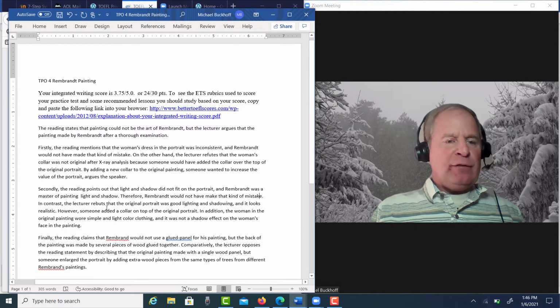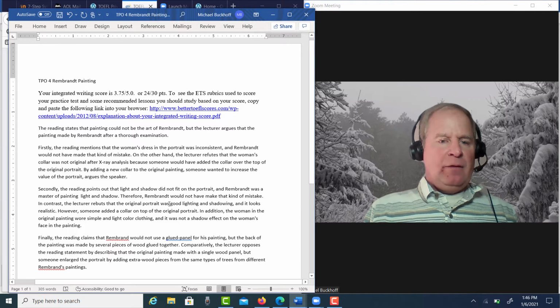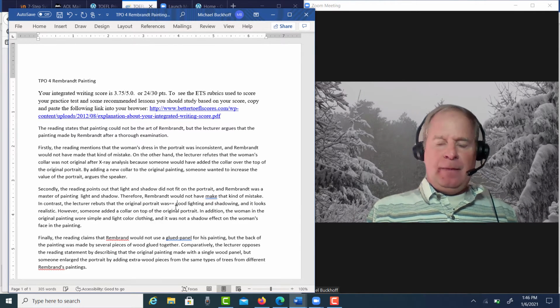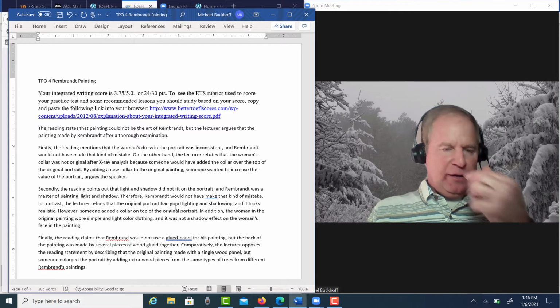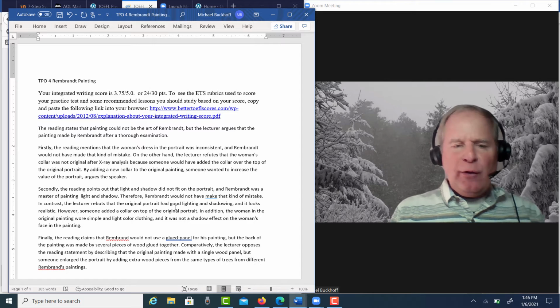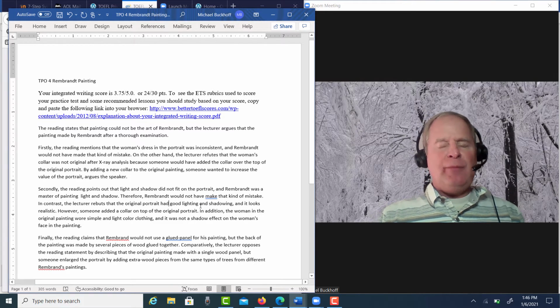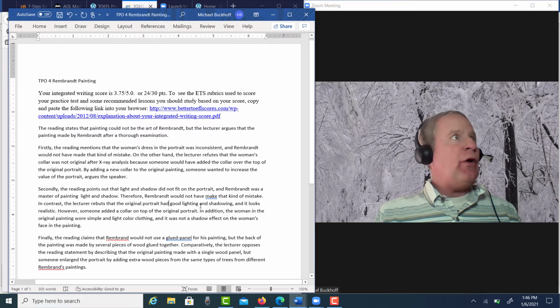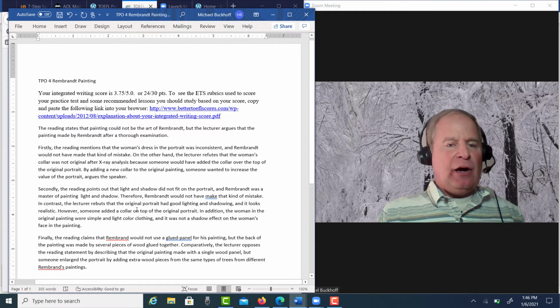In contrast, the lecturer rebuts that the original portrait," I'm going to say, "had good lighting and shadowing." I think a regular verb works better. Lighting and shadowing, you're using these as objects. So I think that the word "have" or "had" is going to work better in introducing these objects, and it looks realistic. "However, someone added a color on top of the original portrait."